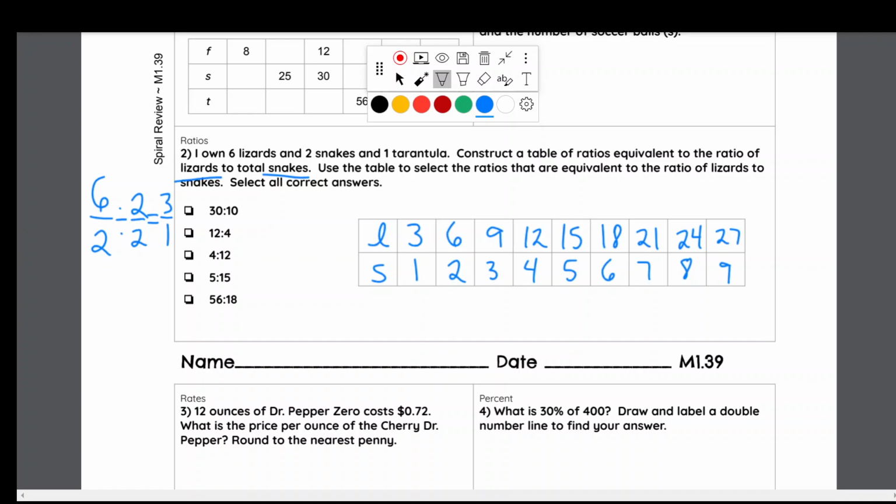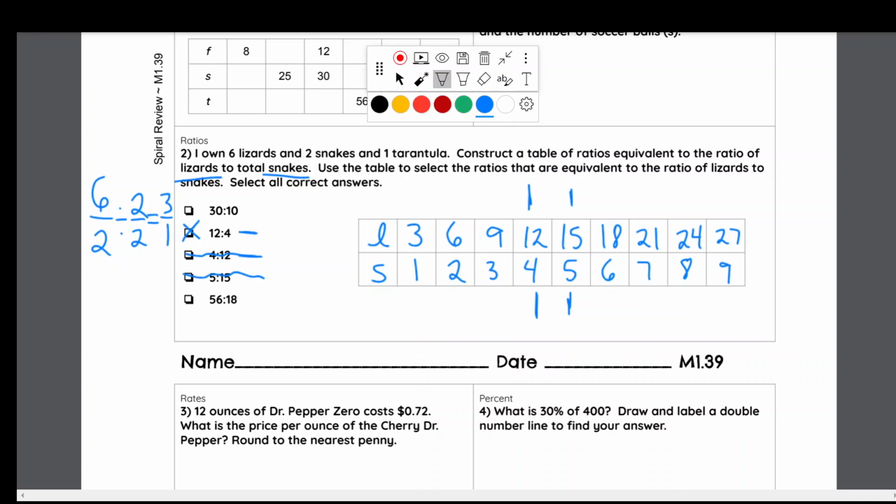So I see 12 lizards and 4 snakes, so I'll use that one. This one is the opposite, this 4 to 12, so that's not a good answer there. 5 to 15. I've got a 5 and I've got a 15, but they're in the wrong rows. They needed to be 5 lizards and 15 snakes.